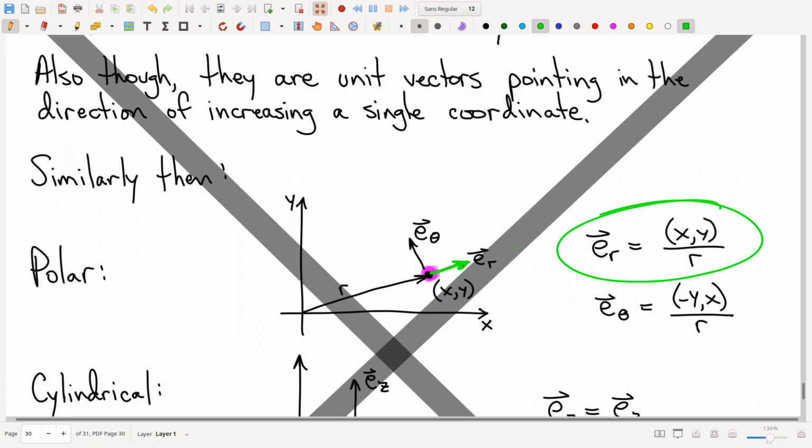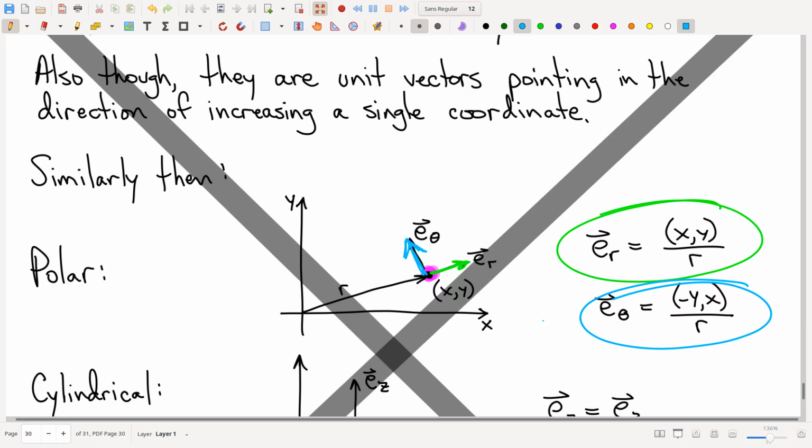Okay. Likewise, with a different geometric argument, this direction right here is the direction you would go if you wanted theta to increase, but r to be staying constant, at least instantaneously at the point you're at. So these are called the polar standard basis vectors. And they deliver a couple of disappointments.